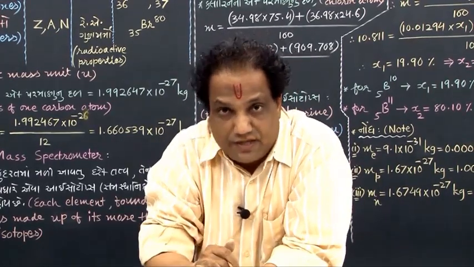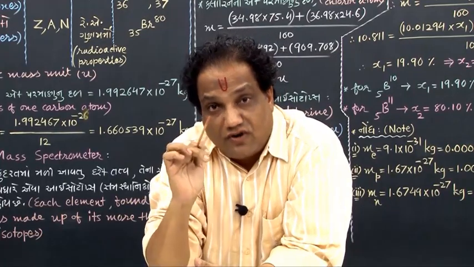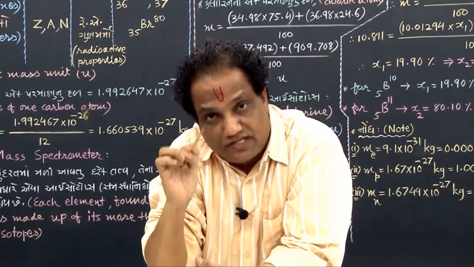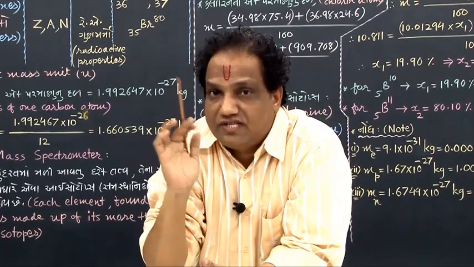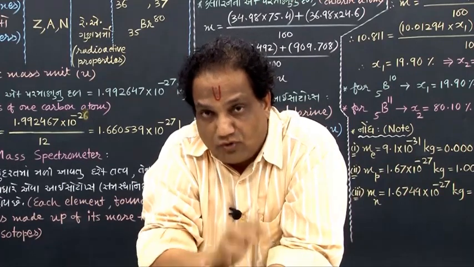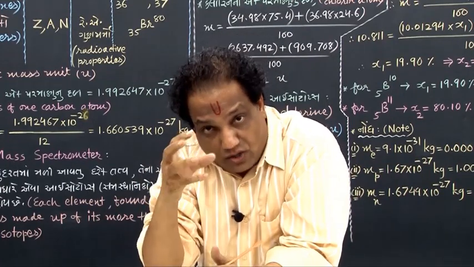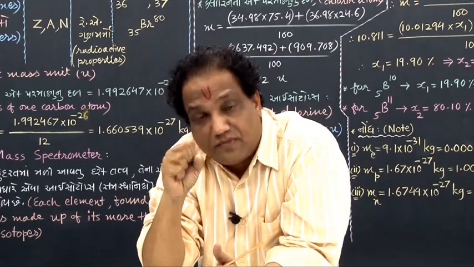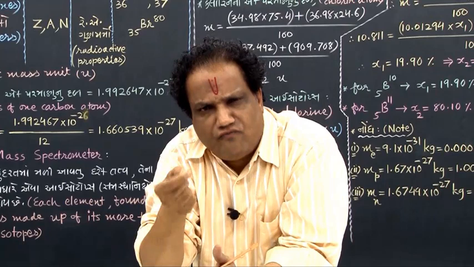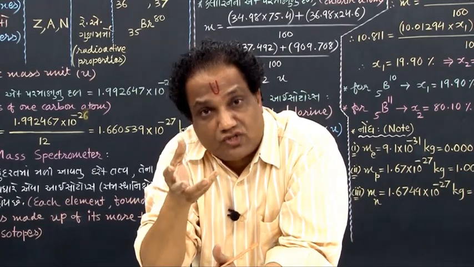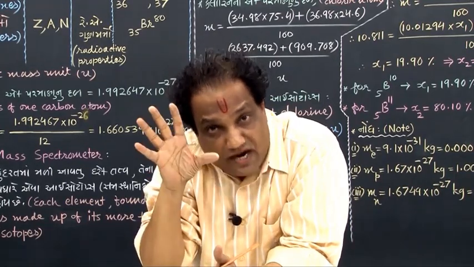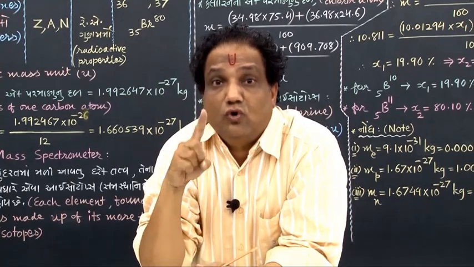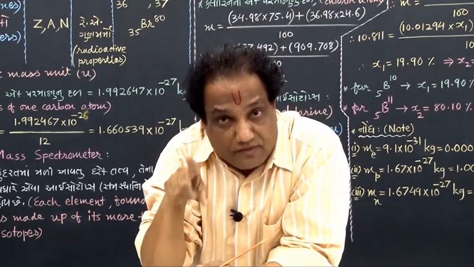Let us recall what you had studied about nucleus in the previous chapter. What do you mean by nucleus? Mr. Rutherford concluded from his alpha scattering experiments that the central part of an atom is very tiny and very heavy. It consists of almost total mass of atom and total positive charge of an atom.